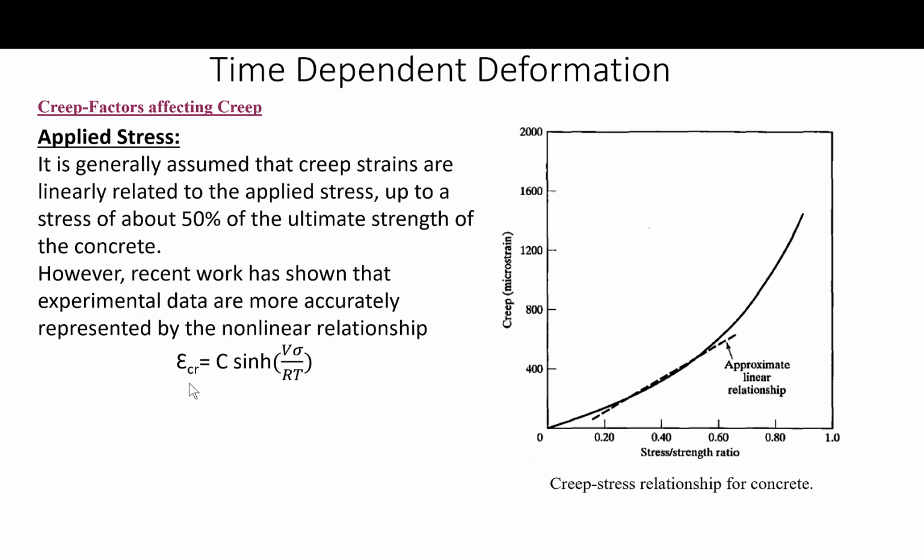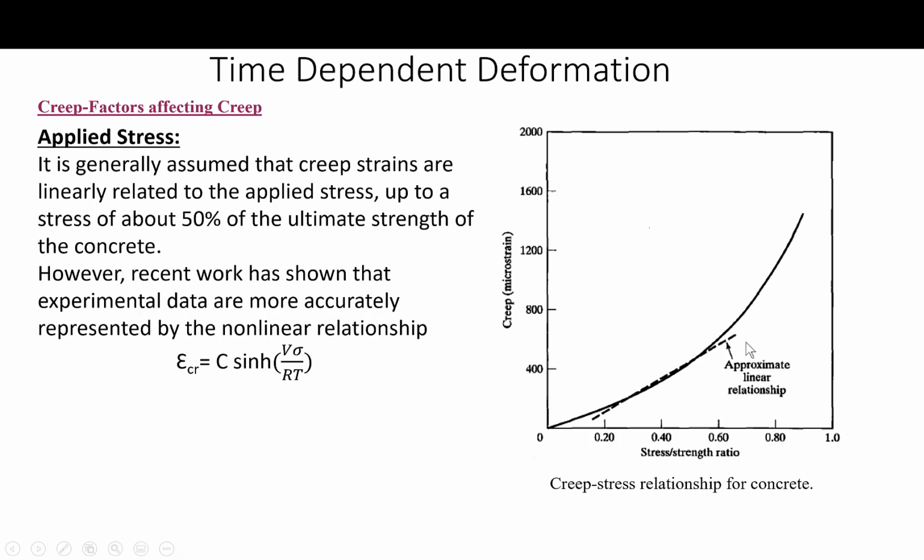V is the activation volume, R is a gas constant, T is the absolute temperature, and sigma is the applied stress. According to this equation, for all intents and purposes, it's a non-linear relationship.